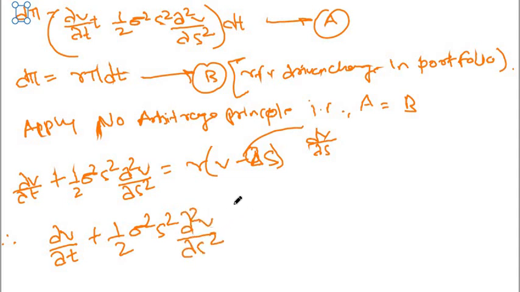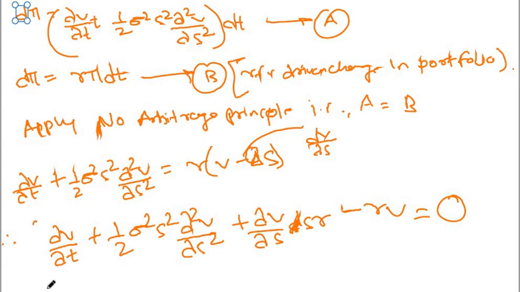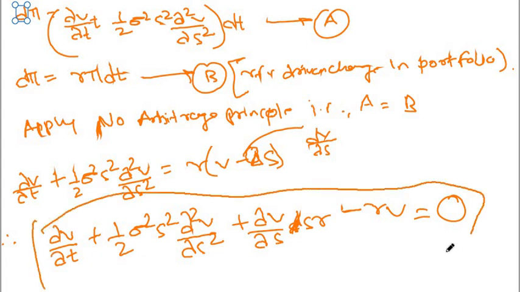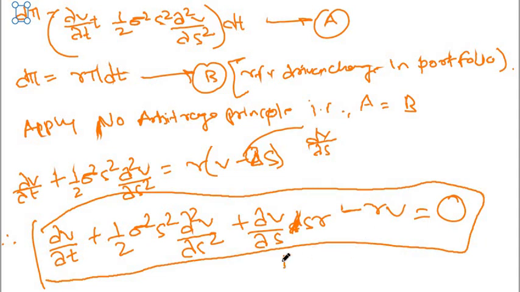Now you shift this term which is minus over here, so it comes to plus delta V by delta S into S into R, and this term, minus RV, would come over here because it is positive there. So this is your partial differential equation of Black-Scholes, the Black-Scholes PDE.